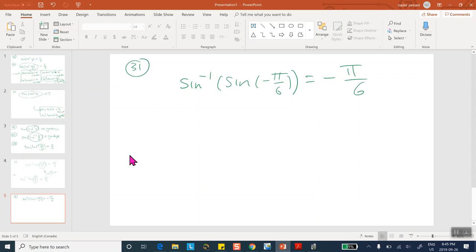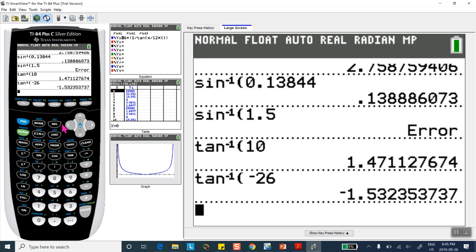Well, you know what? Let's go ahead and check this thing. I'm going to go back to my calculator here, and I'm going to put sine, second function, sine inverse, negative pi over 6. Now here's pi. Where's pi? Second function pi divided by 6, close the parentheses, and close the parentheses.